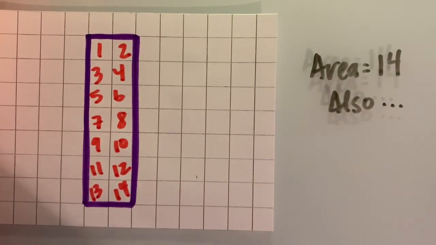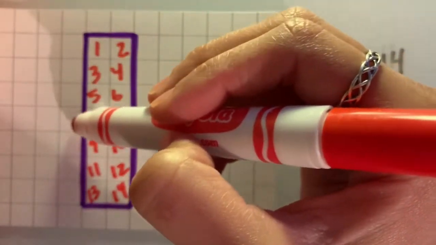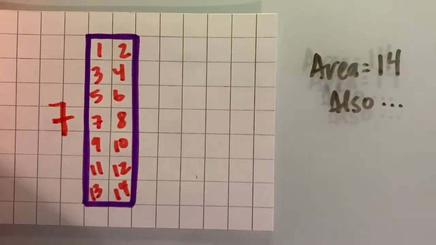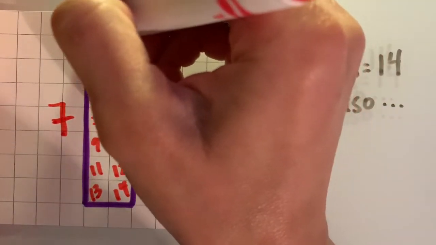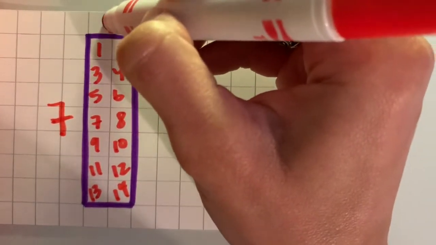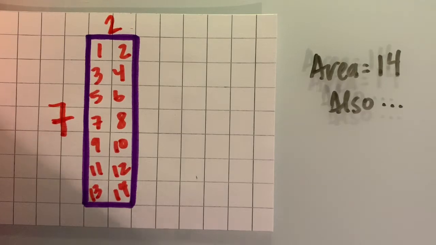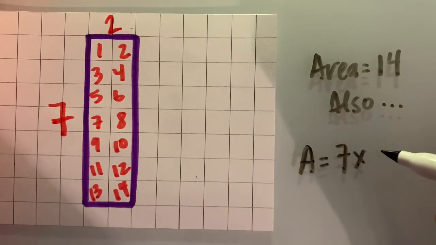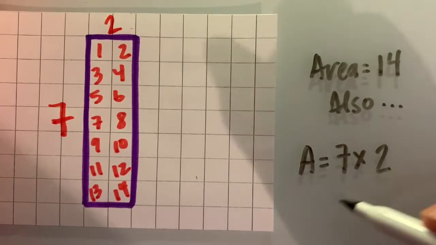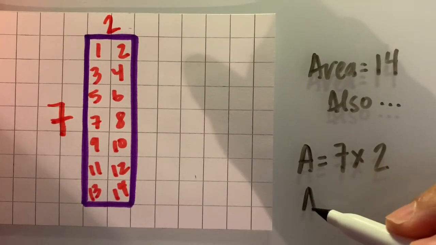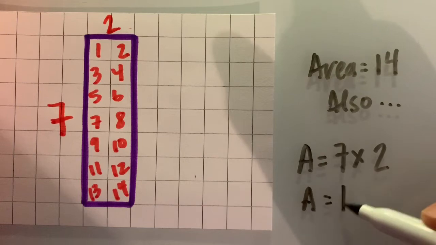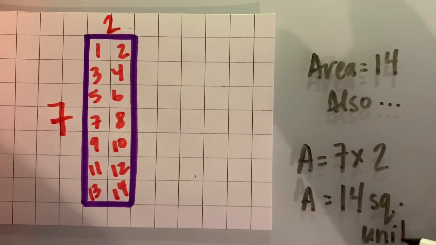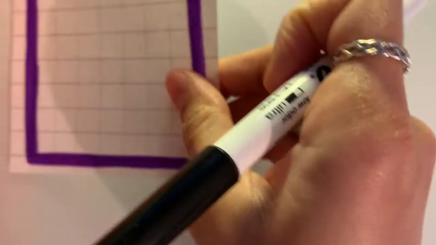Again, we can also find the area by multiplying how many rows we have, which is 7, times how many are in each row. So in this rectangle, we have 2 in each row. So our problem is going to read area equals 7 times 2. And then we see that 7 times 2 is 14. So our area is 14 square units.